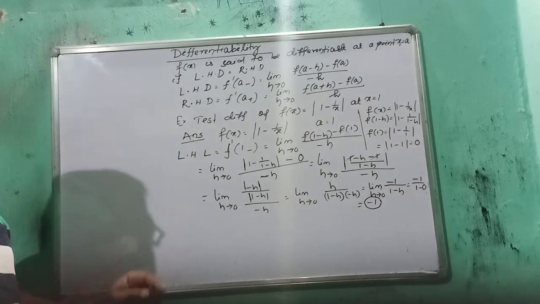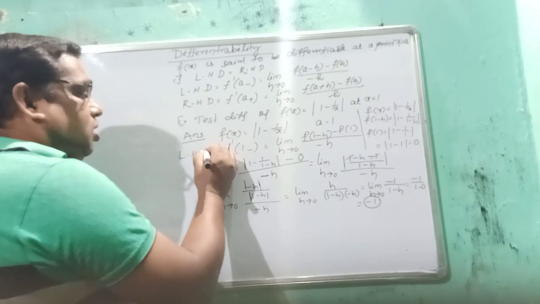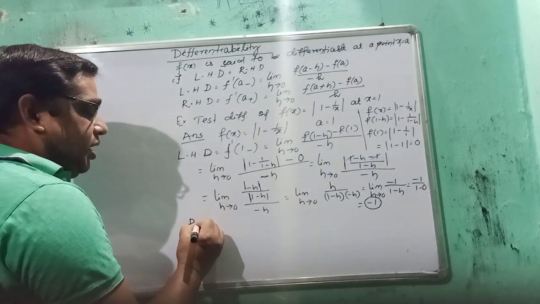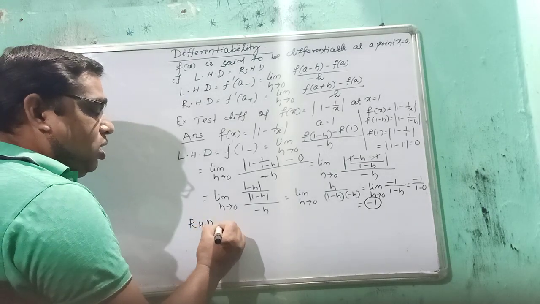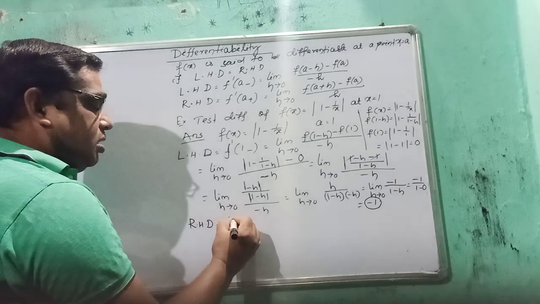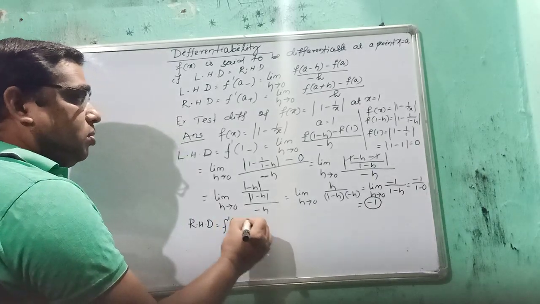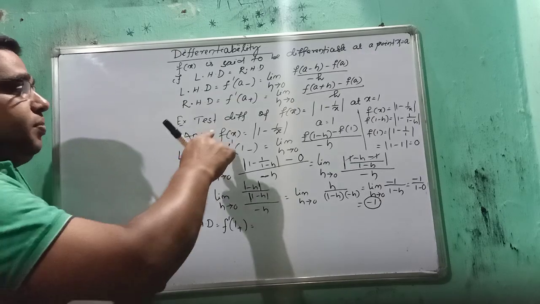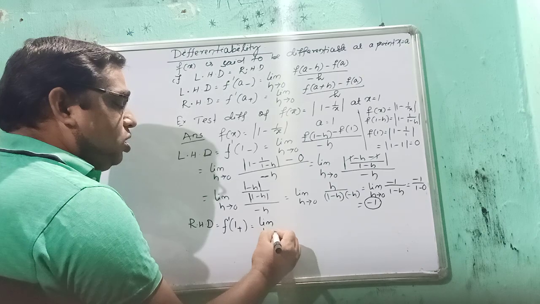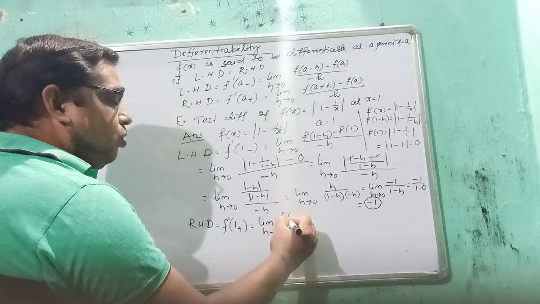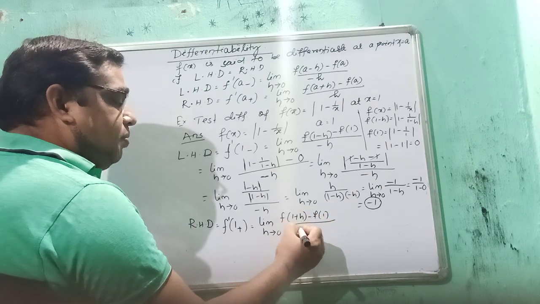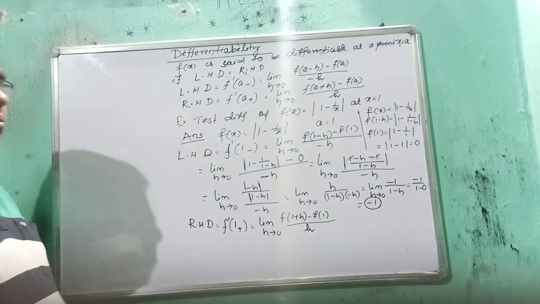Now the left hand derivative is equal to minus 1. So we solve the right hand derivative. The right hand derivative is f dash 1 plus. That is limit h tends to 0, f(1 plus h) minus f(1), divided by plus h.